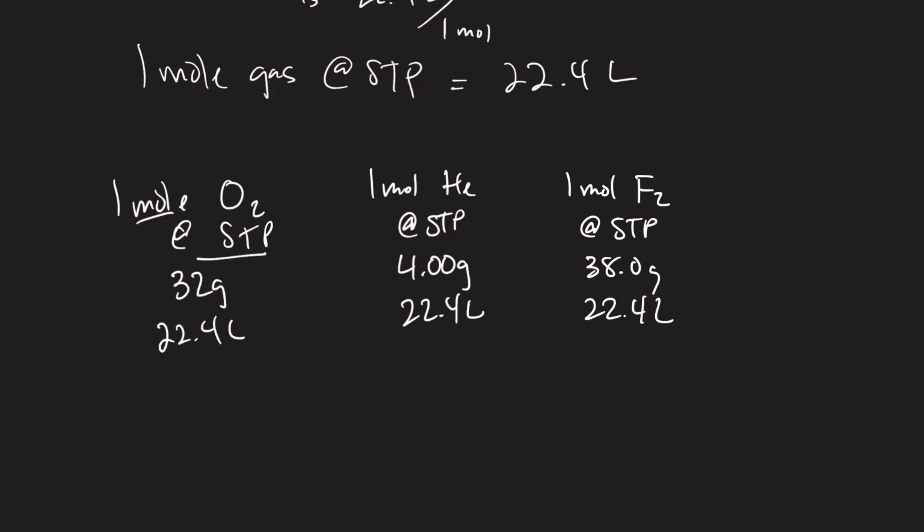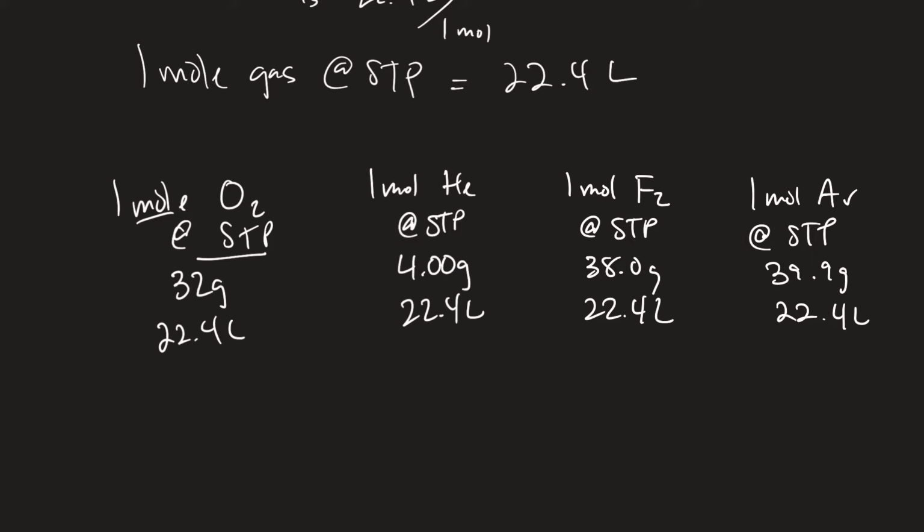Then we can do one more example. If we had 1 mole of argon, the noble gas, at STP, where the temperature is 0 degrees Celsius or 273 Kelvin and the pressure is 1 atm or 760 millimeters mercury, the molar mass is roughly 39.9 grams, and the volume is 22.4 liters.